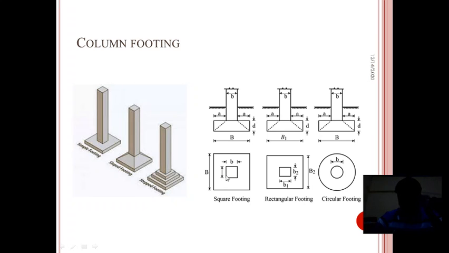When the shape of the column is square, usually we will provide square footing for square columns, though it is not necessarily square. If rectangular columns are provided, then rectangular footings are provided. You can observe the shape. B1 and B2 are not equal, whereas for a square, A is equal to B. Here these sides are not equal, only opposite sides are equal.